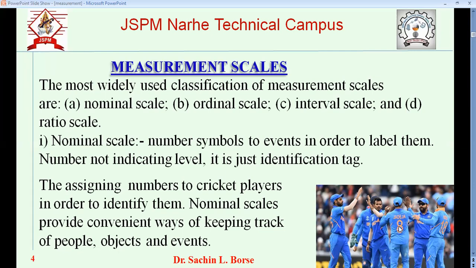Here I have shown Jadeja is player number 8. But 1, 2, 3, 4, 5 have no meaning. It doesn't mean Jadeja is at number 8 in performance. It is just an identification tag, that is called a nominal scale.